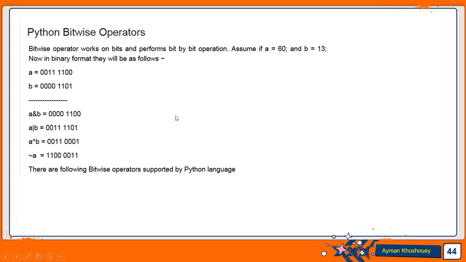Python bitwise operators show the power of Python in operating and working with bits in computer language, using binary. This is bitwise. If you have numbers A and B in binary code, you can do several operations on them.